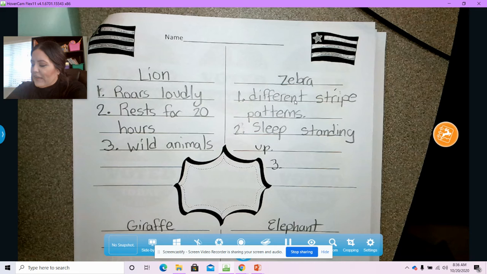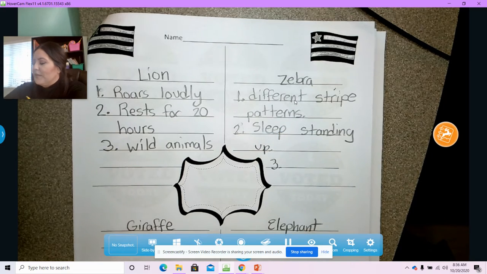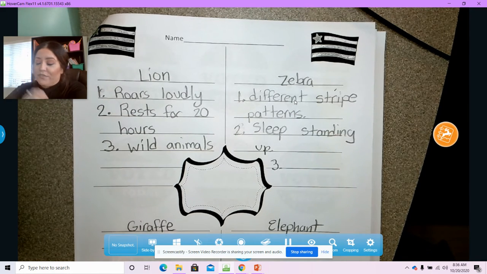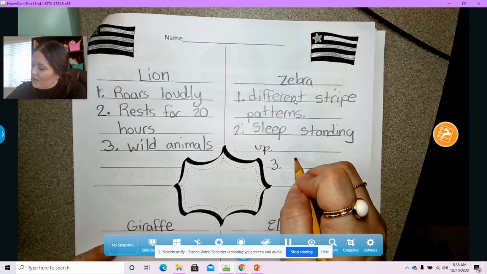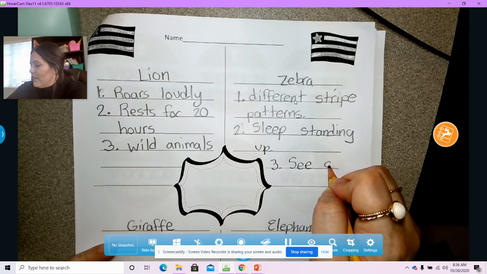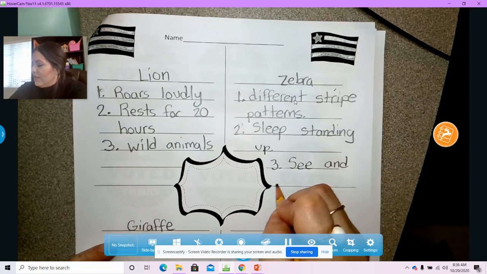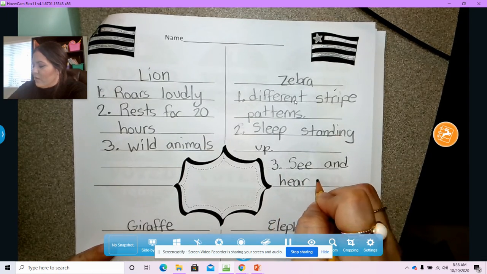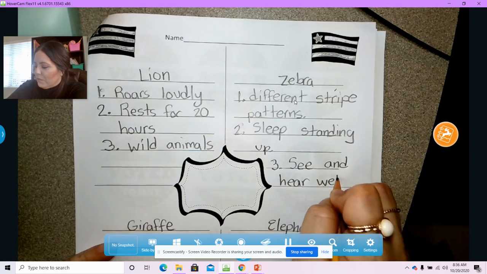Or we can say that, what was the other one? They sleep standing up. They have different stripe patterns. And they see and they hear very well. They see and hear well. It's like a special power.